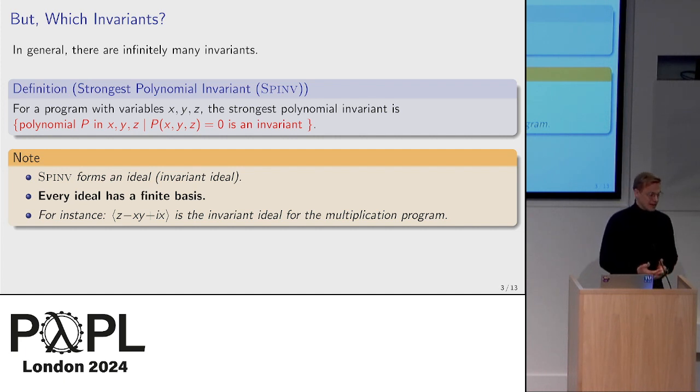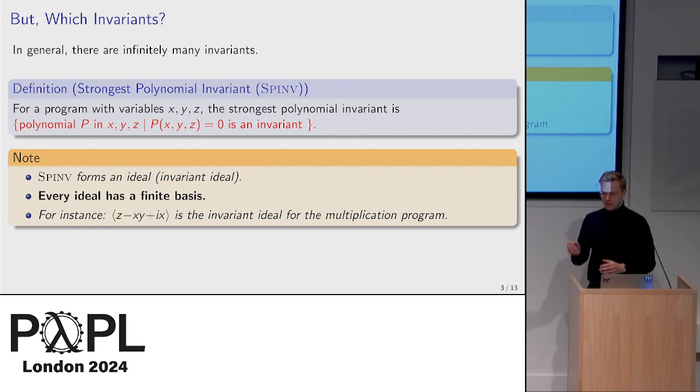If you don't know what an ideal is, it's not so important. The important property is that every polynomial ideal has a finite basis. Quite similar to how a vector space is a collection of infinite points, but can still be described by just providing a finite basis.